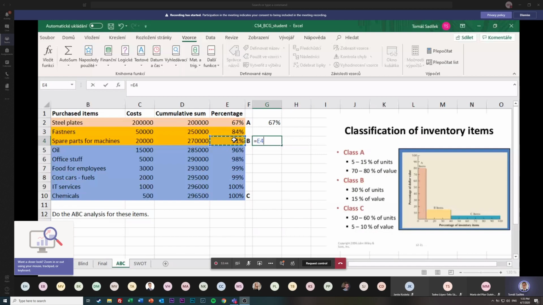So therefore, for the B, we have to put B minus A. Yeah. So 91 minus 67. And then in a similar way, we're gonna do the C: 100 minus 91.